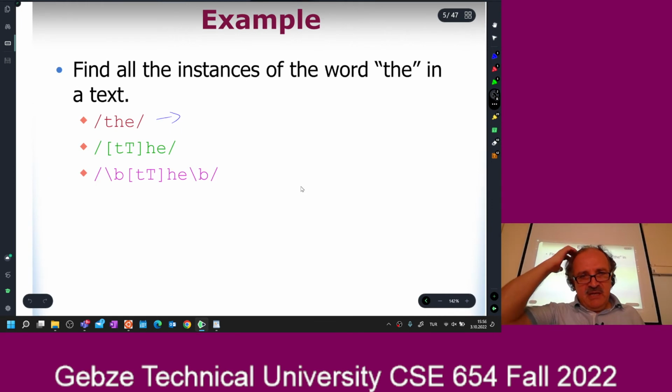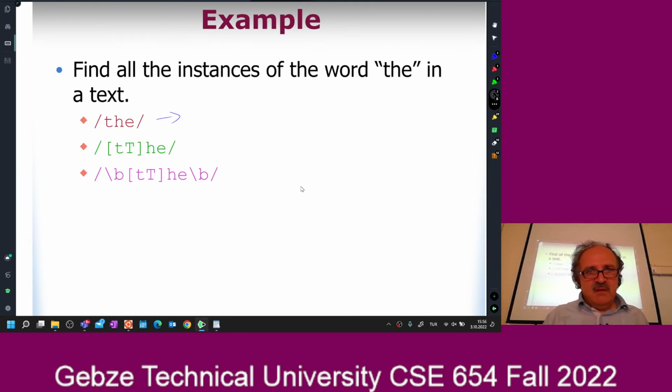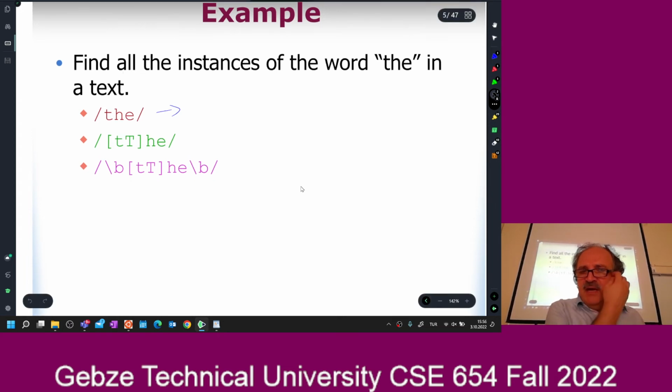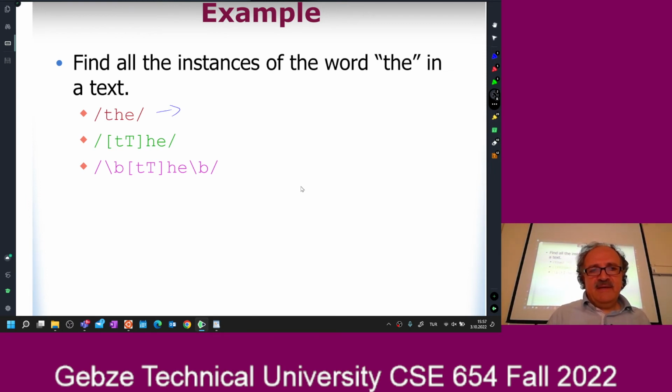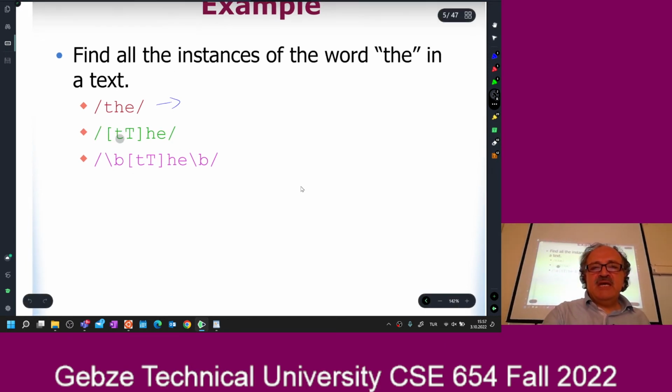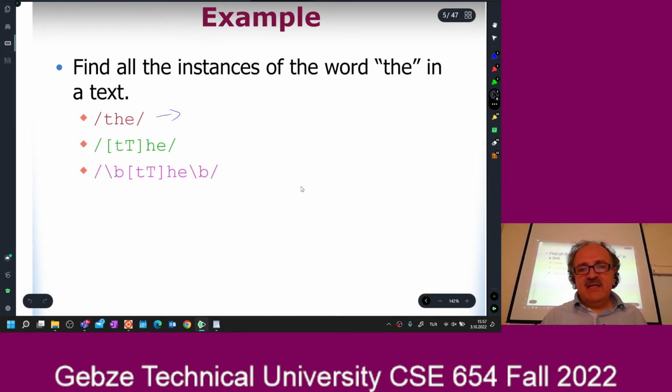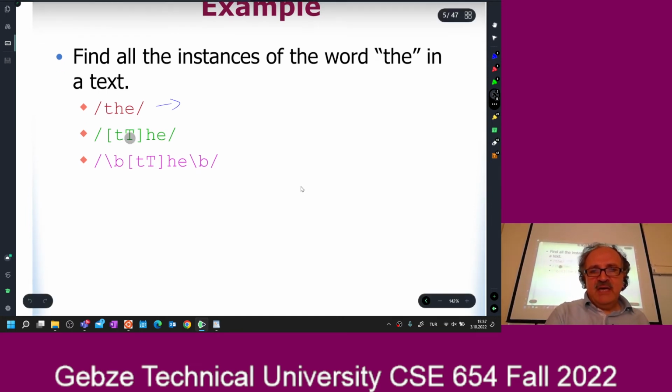You know this, right? I think this comes from VI. This one says to find all the instances of the word "the" in a text, okay. But this one will only find the lowercase "the" and nothing else. And to make this find both the lowercase and the uppercase letter "the", you do this.